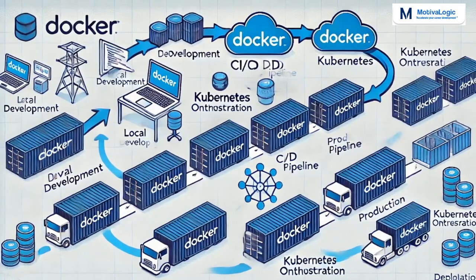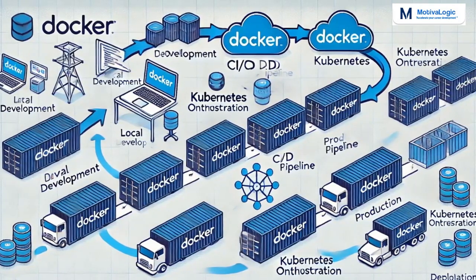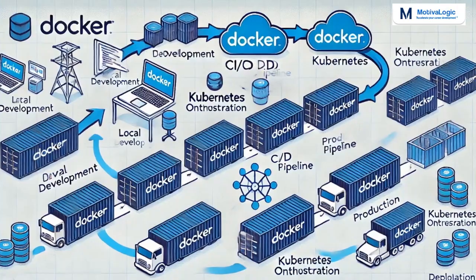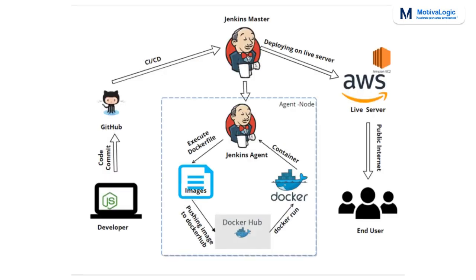When it comes to real-world applications, Docker has made a significant impact across various industries. It's a go-to solution for implementing the following. Web applications. Easily containerize web apps and deploy them on any cloud provider. CI/CD pipelines.